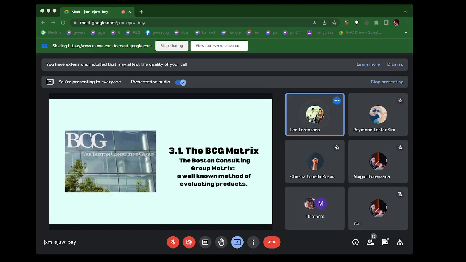The first tool is the BCG Matrix, or the Boston Consulting Group Matrix, a well-known method for evaluating products. This system was developed by Boston Consulting Group in the 1970s and provided a clear and simple method for companies to decide which part of their business to allocate resources to.